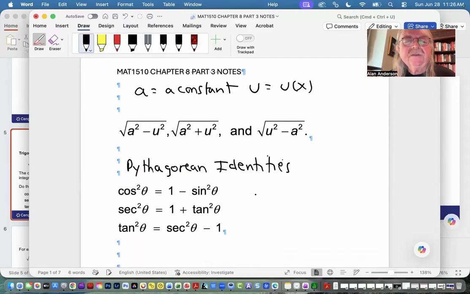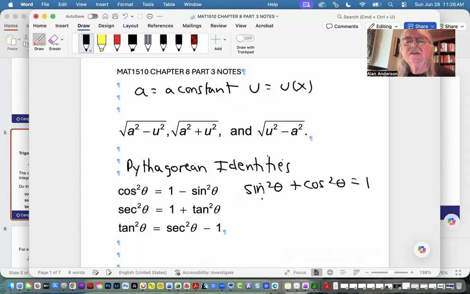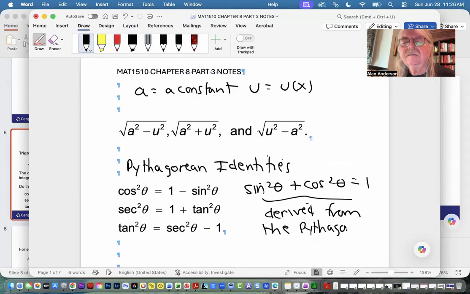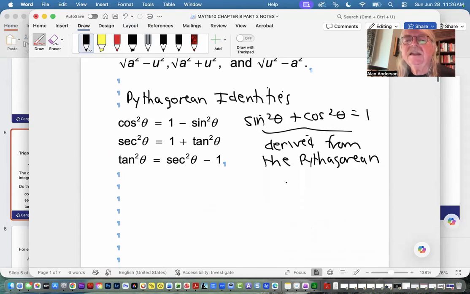Now they've written it as cosine squared theta equals 1 minus sine squared theta. You might recognize this as sine squared theta plus cosine squared theta equals 1. Of course, it's the same thing. And this in turn is derived from the Pythagorean theorem, which we all know very well. It's one of those formulas that never escapes your memory.